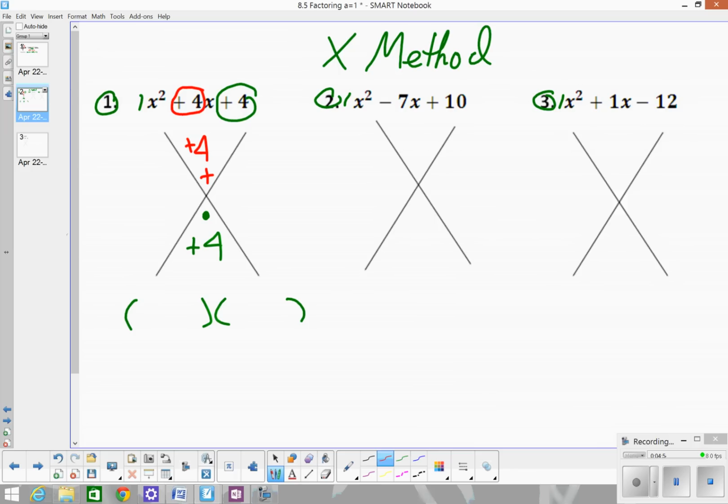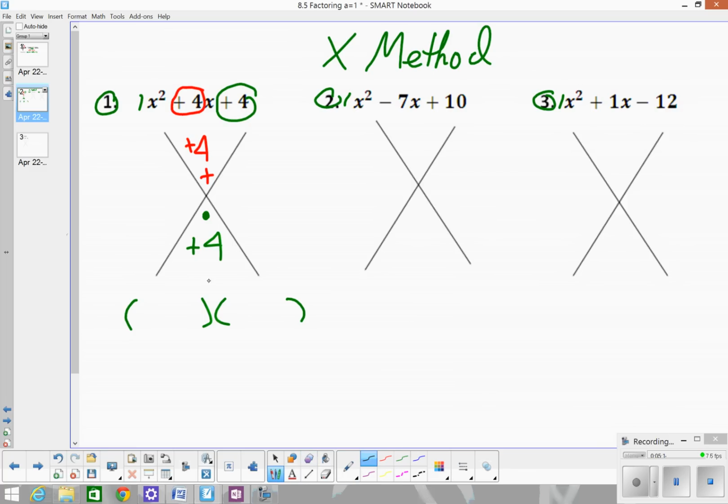Just a quick hint: the middle term always goes on top and you're adding, and the last term always goes on bottom and you're multiplying. Now you have to try to think of a couple of different factors.